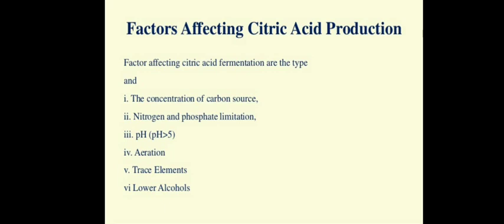Now this is a very important factor during the production of citric acid. The increased aeration rate leads to an increase in the yield of citric acid in less time, means in less time large production of citric acid can be carried out by the proper supply of air.